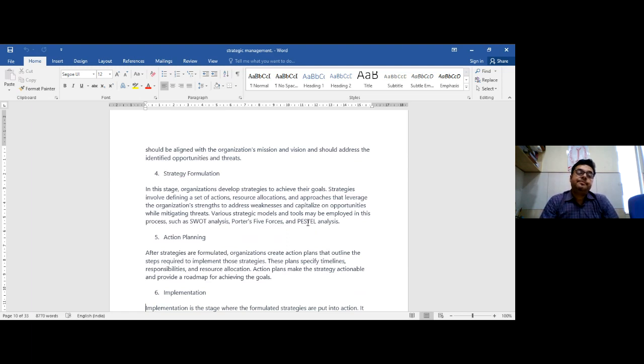Here, the various strategic models and tools that may be employed in this process may include SWOT analysis, Porter's 5 forces model, and PESTEL analysis. Action planning.